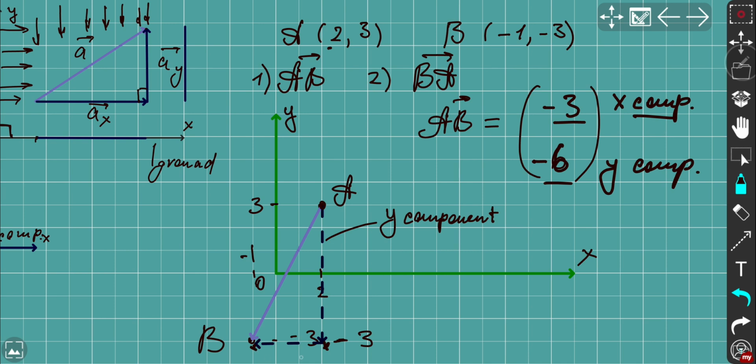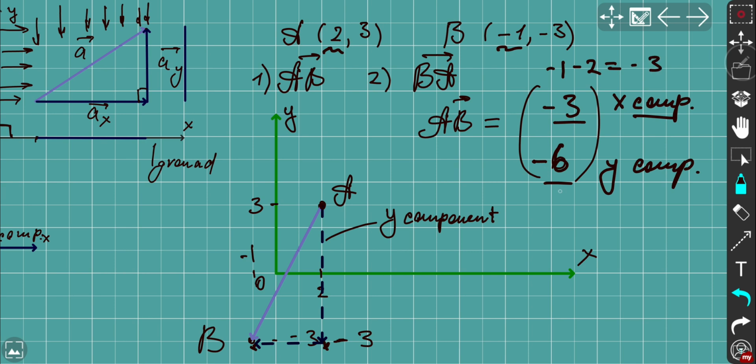You need to subtract from the ending x component, in this case it's -1, the starting x component too. In this case, -3 is simply -1 from the ending point B, and you subtract 2, the x component of the starting point A. Okay, and the result is going to be -3.